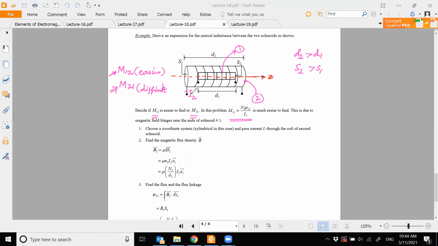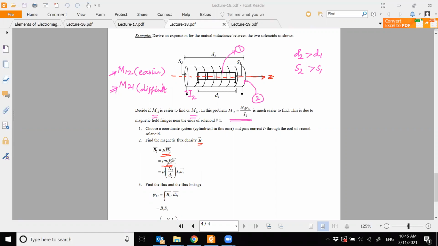Then once I am passing the current in the second solenoid, which is the bigger solenoid, first I will find its magnetic flux density. The magnetic flux density is mu times H2, which is mu times N2 I2 AZ, because mu times NI is the value. But here this is for the second loop, that's why it is mu times N2 I2.